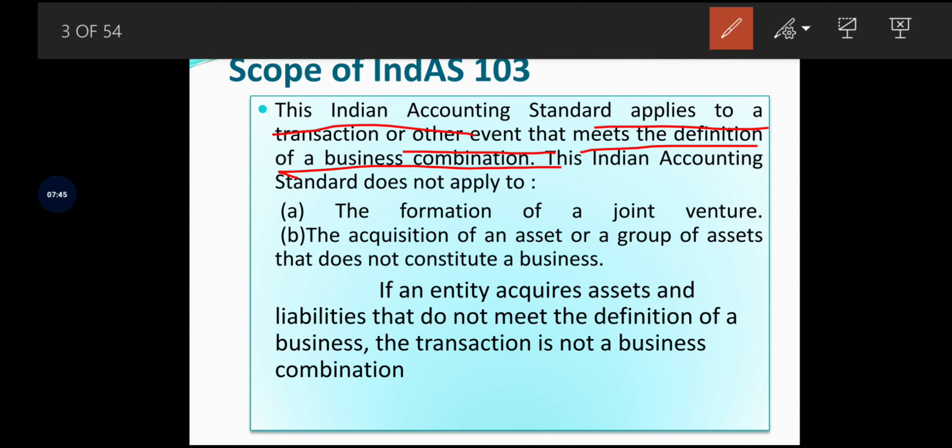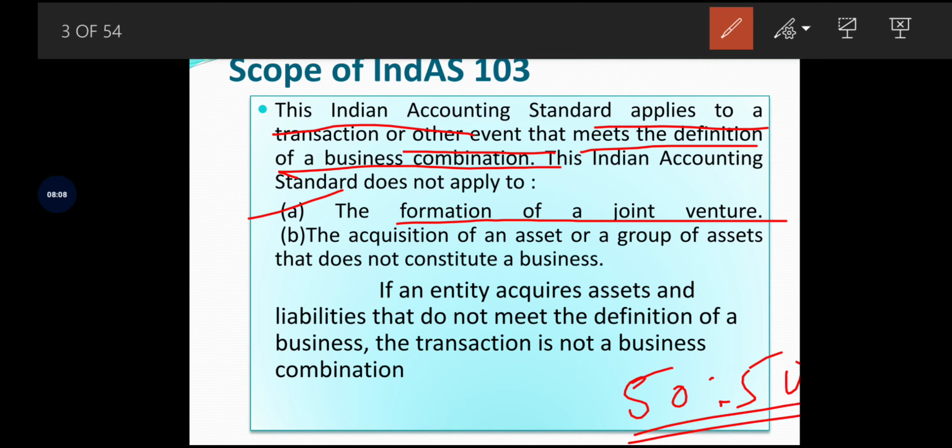Under that, the first one is the formation of a joint venture. All of you should know the meaning of a joint venture. A joint venture is 50-50 ownership, joining the management to share the profits.